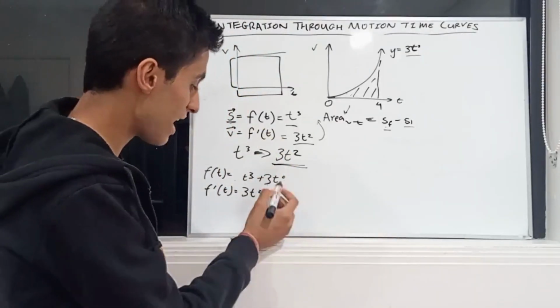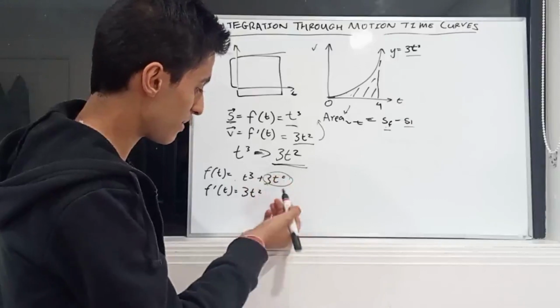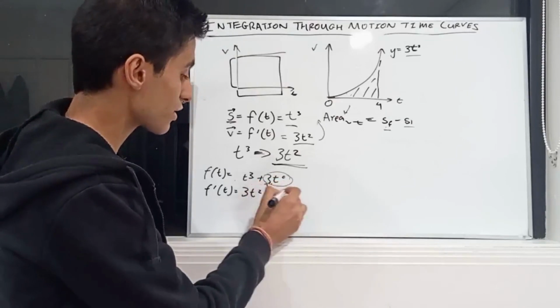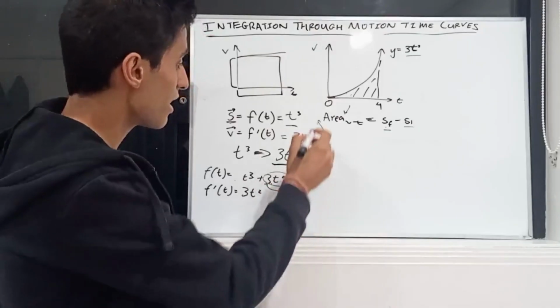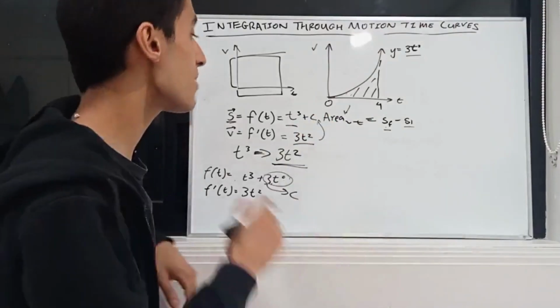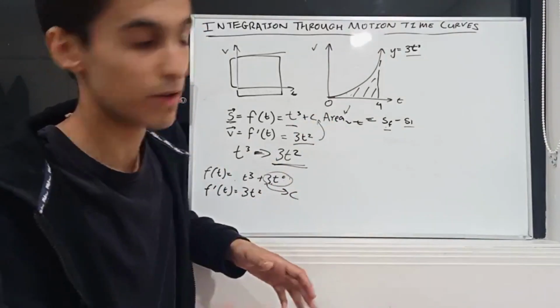The 0 would come down, and then the whole thing would be multiplied by 0. So we're not sure if there's a constant, so we'll just write t cubed plus c, because there might be a constant which we are unaware of.